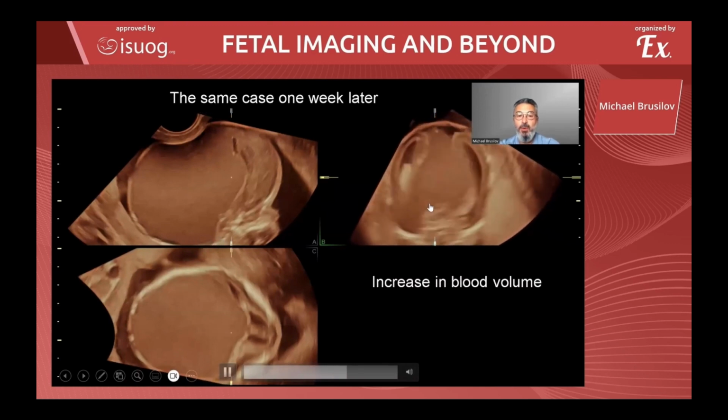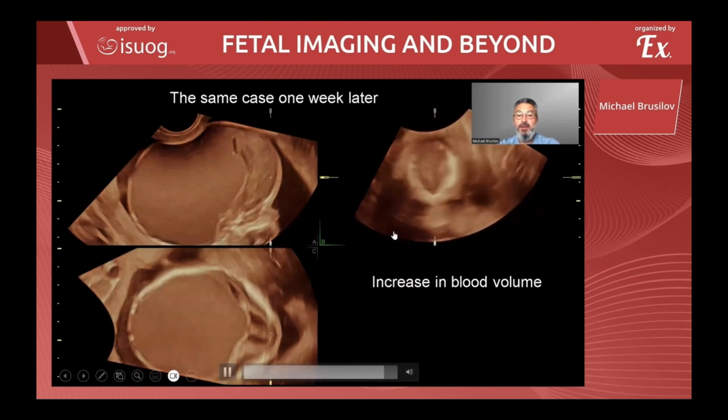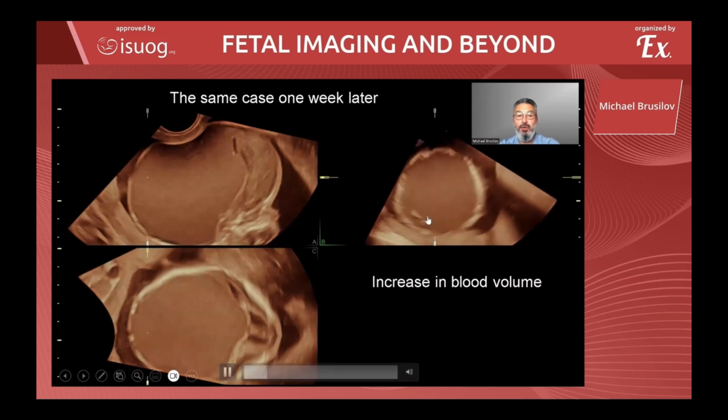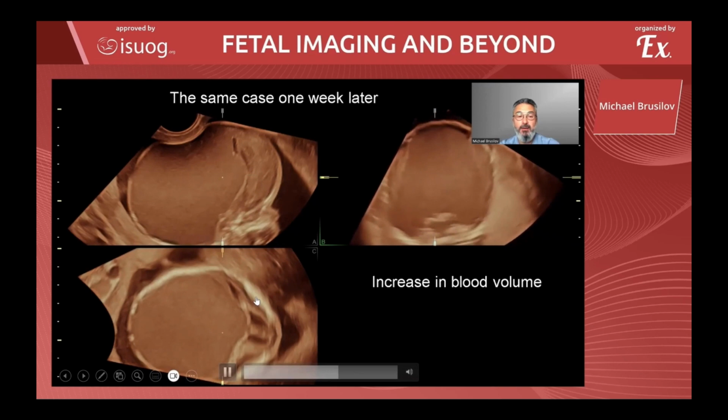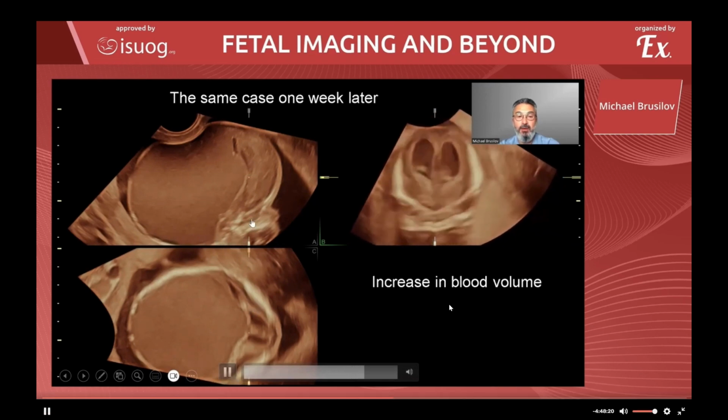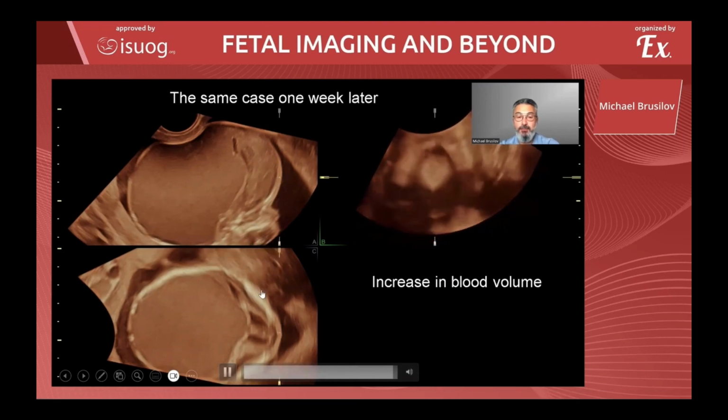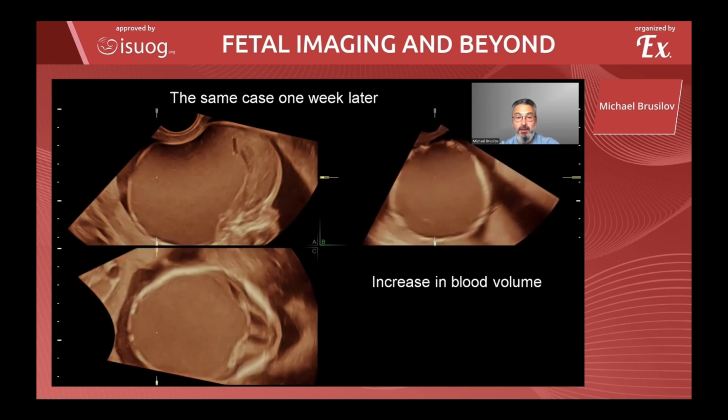The same case 1 week later, you can see an increase in blood volume and much more pressure on the anterior part of the brain, on the hemispheres. So the accident was in the circle of Willis.